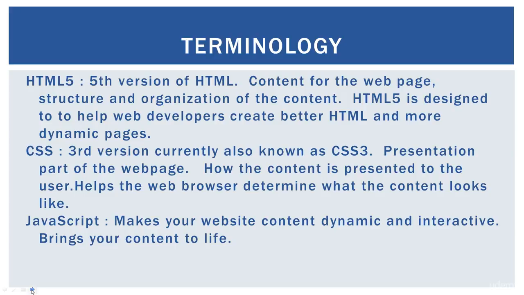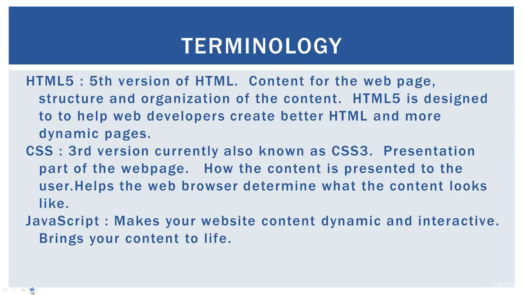There's CSS, cascading style sheets, and right now CSS is on its third version, so sometimes you might see CSS3 along with HTML5. That means working with the current version. It's the presentation part of your web page, how the content is presented to the user.